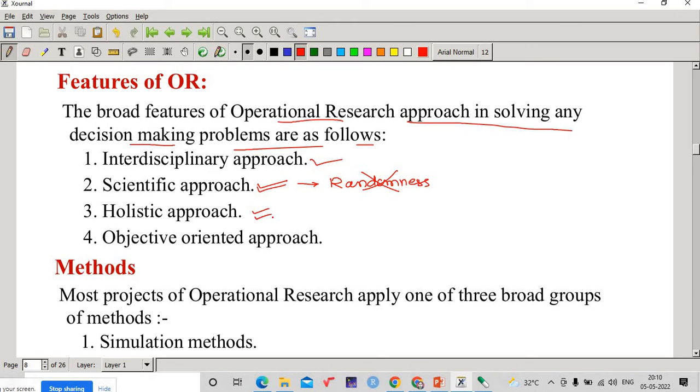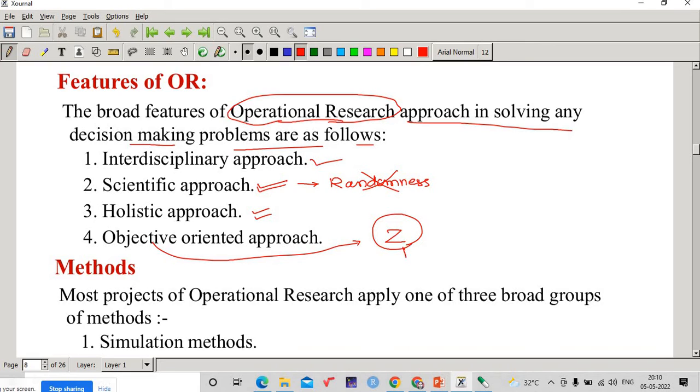Holistic approach. As I told you about the Tanishq brand, they prefer the holistic approach for their product, and it is based on surveys. Then objective oriented approach. So what our objective is, what I wish to do. Suppose Z is our objective.